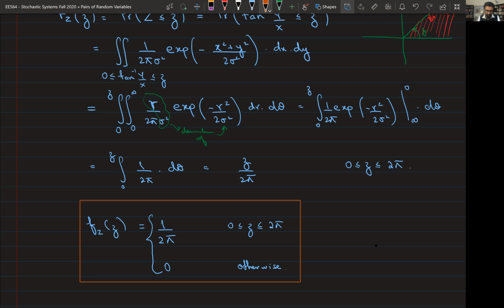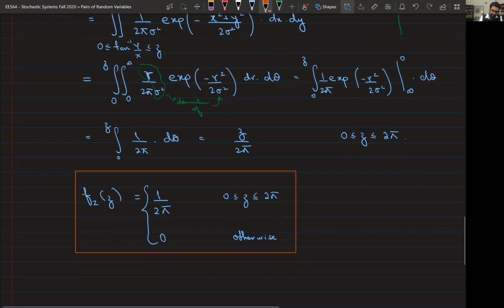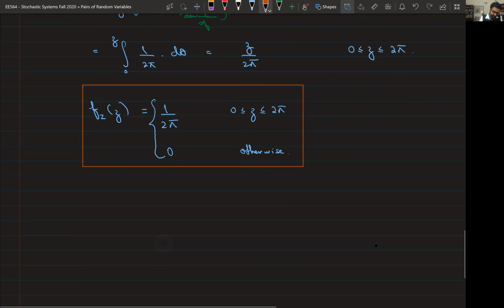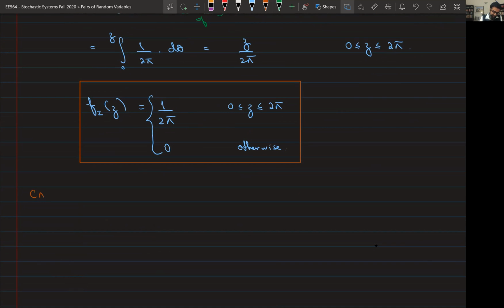Okay. Now, this is almost the end of our discussions on transformation of pairs. All I want to say about case 2, which is actually important, but we're going to skip this, and is there in the textbook.